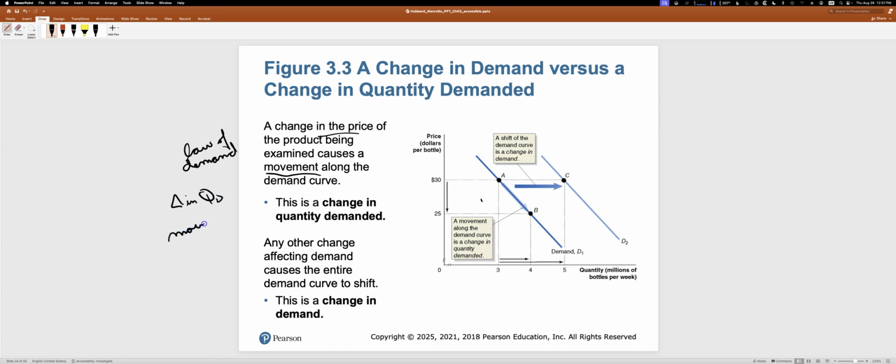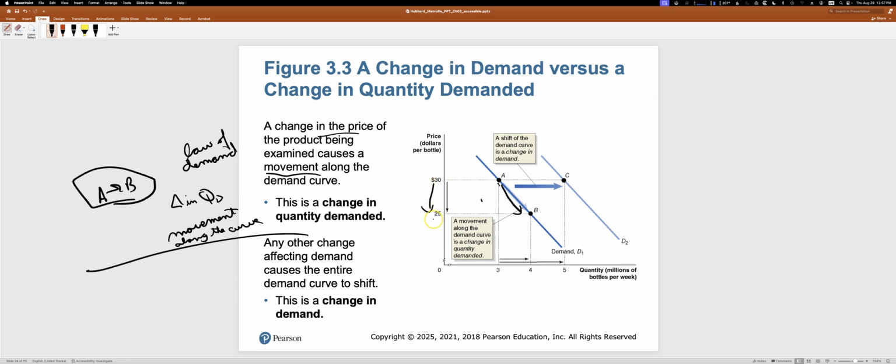That is a movement along the curve. And that's what we see from A to B. That's a movement along the curve caused by the fact that as the price went from $30 to $25, people were like, hey, this water bottle is cheaper.